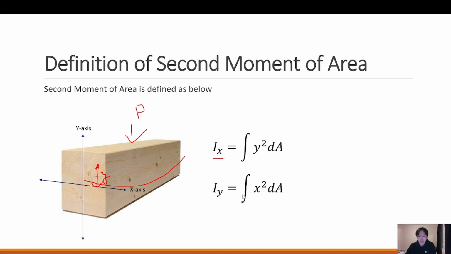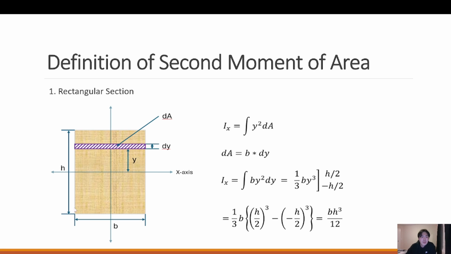Okay, so now let's calculate the second moment of area for a rectangular section. This is a typical rectangular section where its width is b and height is h. So you set the formula, and in this case, dA can be substituted by b times dy. And you keep solving these problems, and you end up getting bh cubed over 12.